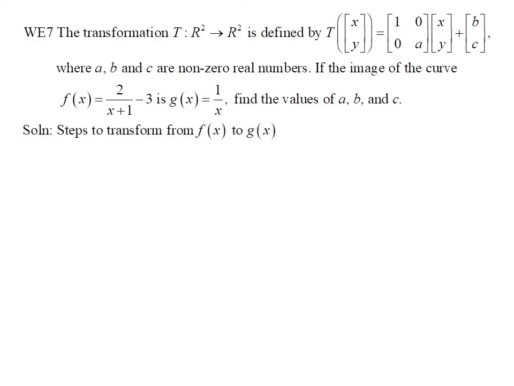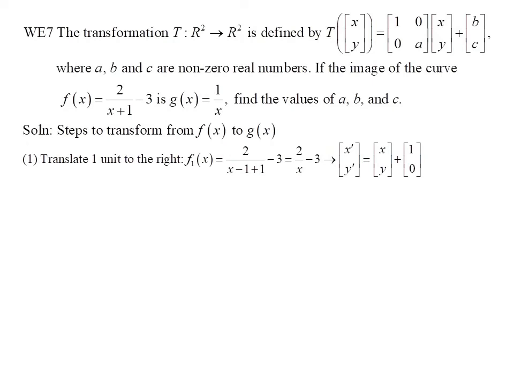Now we have three steps to transform from f(x) to g(x). The first step is to translate one unit in the positive direction of x-axis, which means in f(x) we replace x with x minus 1, and the corresponding translation matrix is also displayed.